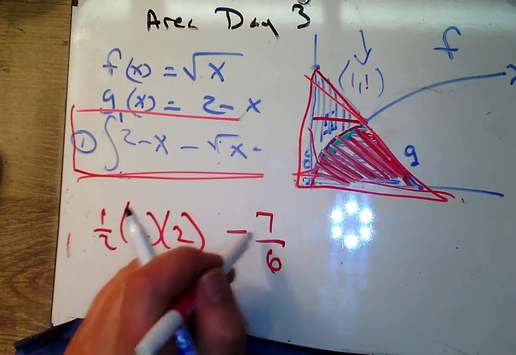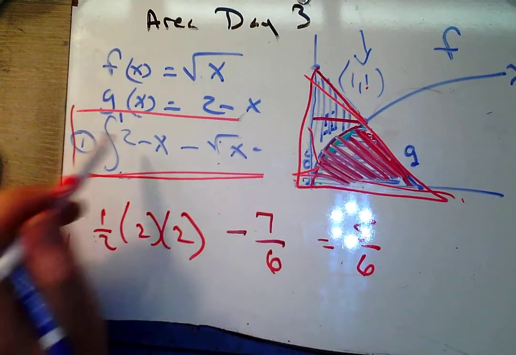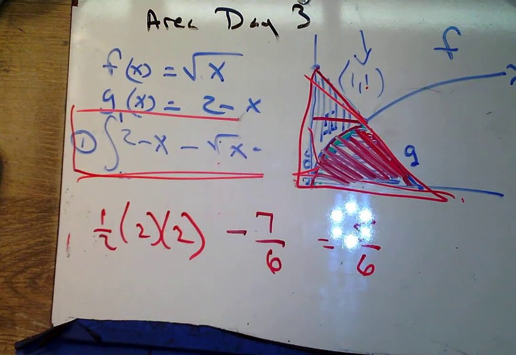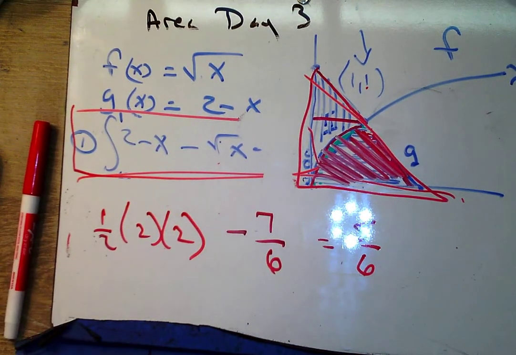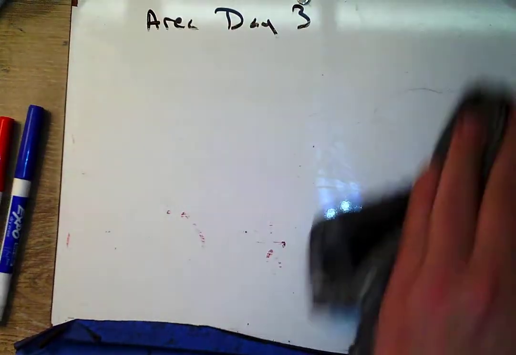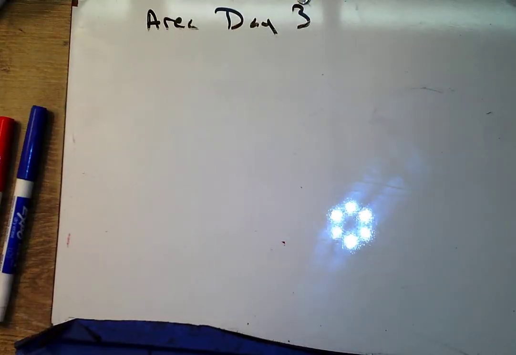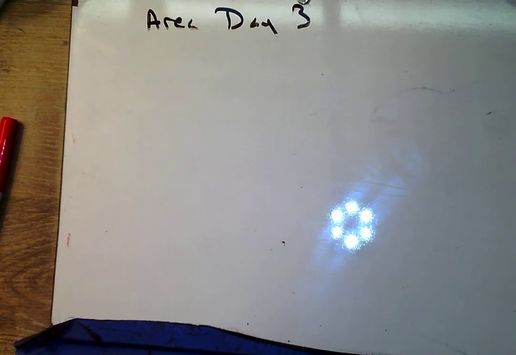So 12/6 minus 7/6 should be 5/6. So when I do these other 2 approaches, I should also be able to get 5/6. Generally speaking, College Board does not say do it this way. They just say find an area. Okay? Okay. So let's move on to these free response questions.